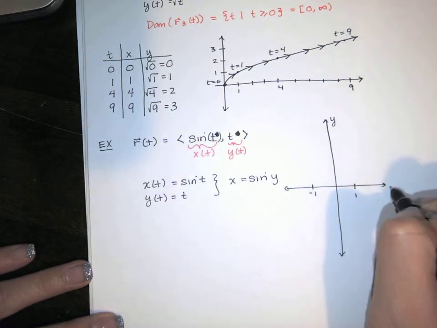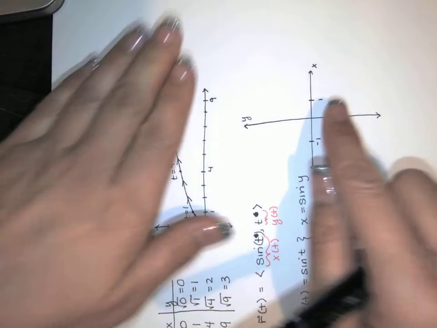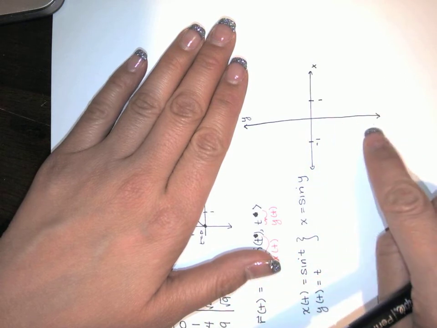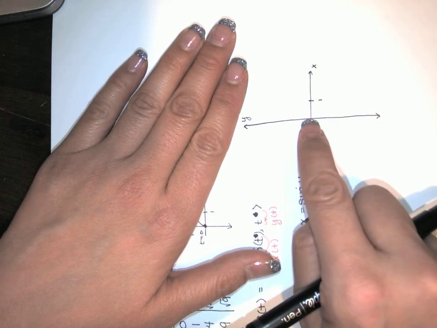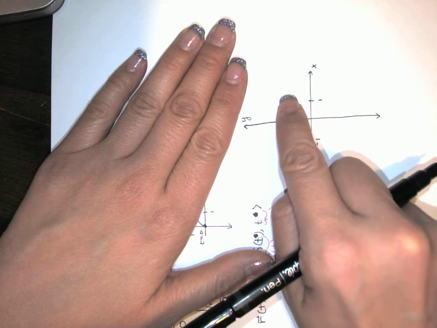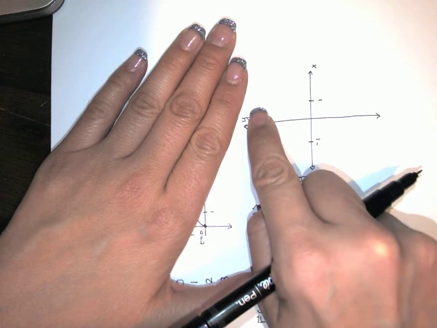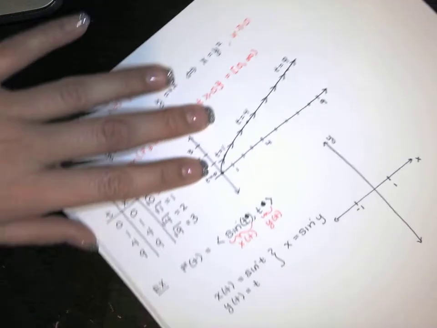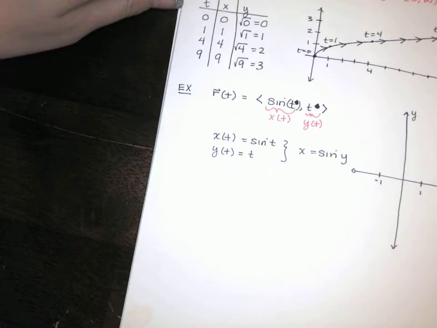So it's going to look like I've got a sine wave, but I've reflected it this way. We know sine looks like this. It starts at 0 and then it goes up. But now we're saying it starts at 0, 0, and then it's going to go up as y increases. So it's a little bit of a reflection. It's a reflection two ways.